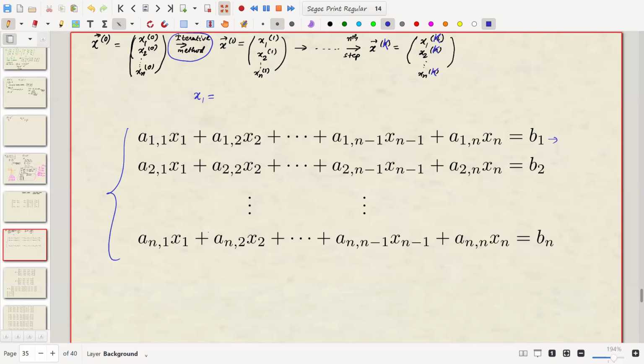So I told you, in this class, you just need some aptitude and basic common sense, nothing more. So how will you solve it? You have x1 over here. This is your goal you want to get. What do you do? Transfer everything else to the left hand side and divide by the coefficient of x1.